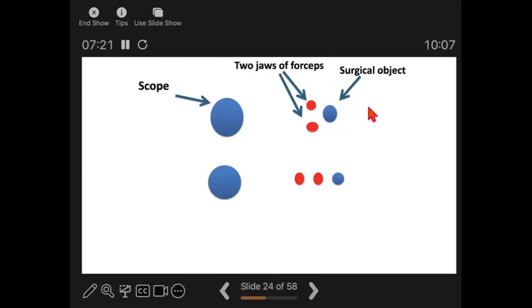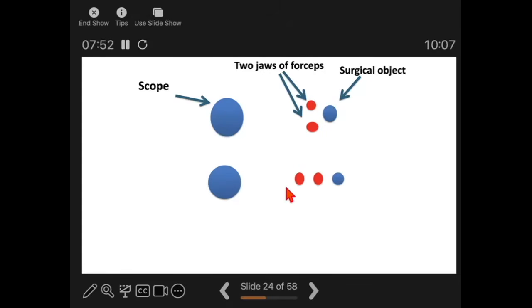This is a diagram showing how the forceps which has two jaws should be used in the endoscope. This is the endoscope. These are the two jaws of the forceps. They should be placed in such a way that both jaws are seen, and through the space between these two jaws you can also observe the surgical target area.